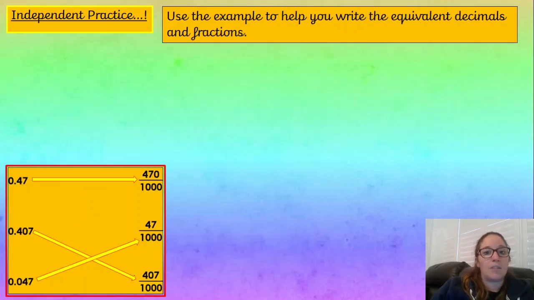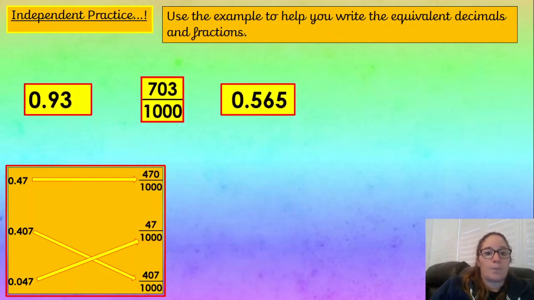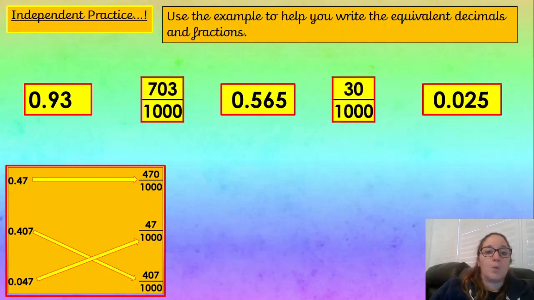So have a go at doing that. Use the example here to help you. Pause the video. I'd like you to write the number out, so 0.93. Write the equivalent decimals and fractions to whatever they are. So obviously this one is a decimal, so you need to write the equivalent fraction. If you've got a fraction, you need to write the equivalent decimal.